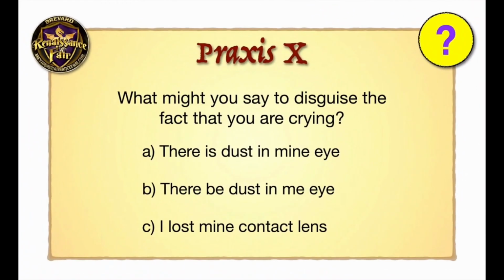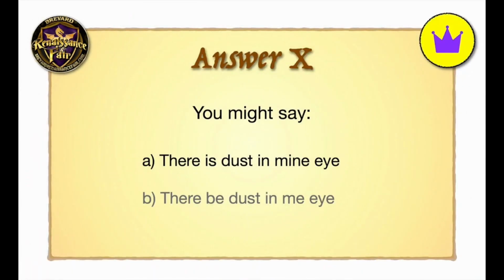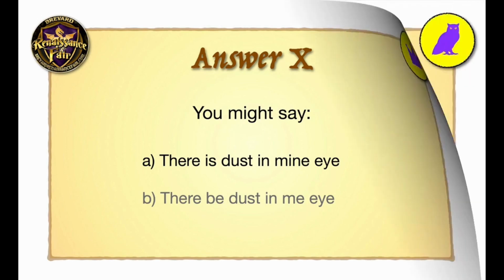What might you say to disguise the fact that you are crying? You might say, there is dust in mine eye. That would be the proper way. If you're a pirate, you might well say, there be dust in me eye.